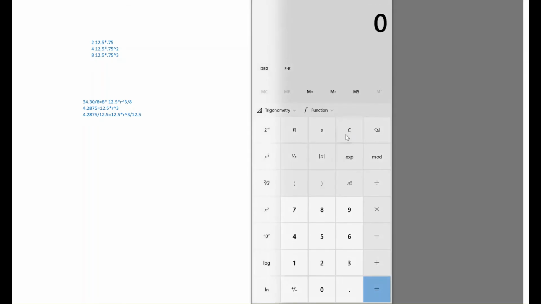So 4.2875 divided by 12.5 becomes 0.343. So that means 0.343 equals R power 3.